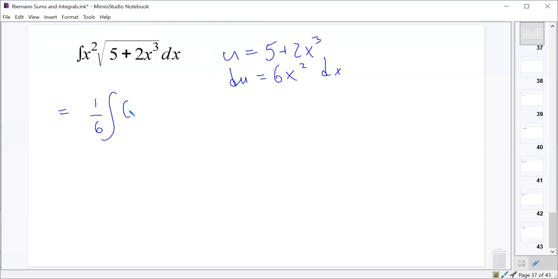So 1/6 the integral of 6x squared, and then our root of 5 plus 2x cubed becomes root u, right? And the 6x squared dx will become our du. So we got 1/6 the integral of root u du, and then we just integrate that.